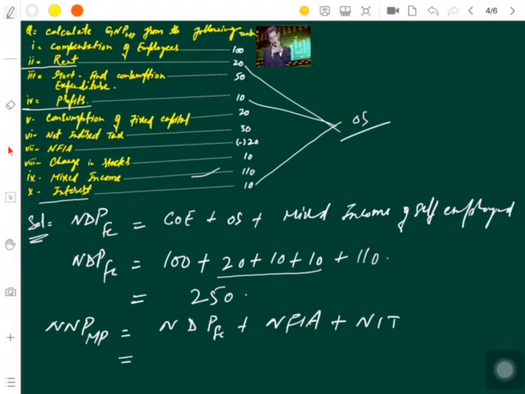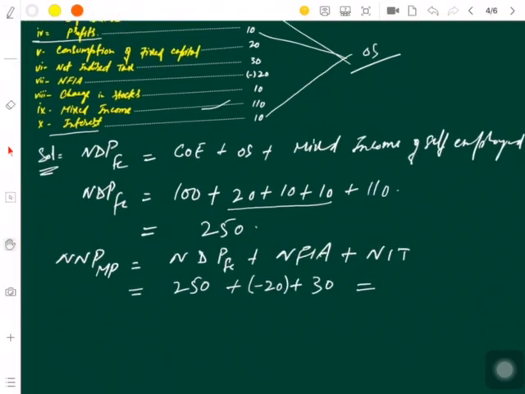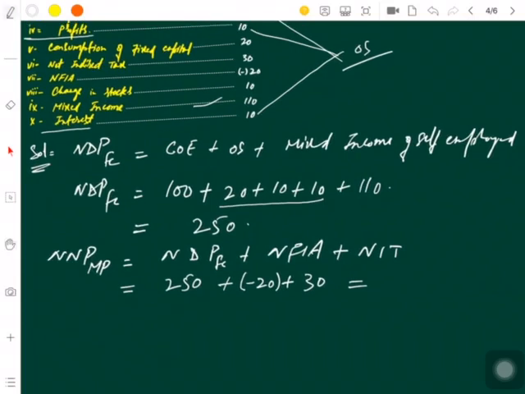Is equal to, what is NDP at FC? 250. Okay, what is NFIA, net factor income from abroad? It is minus 20. What is NIT? It is 30. Calculate it, it will come equal to 260.